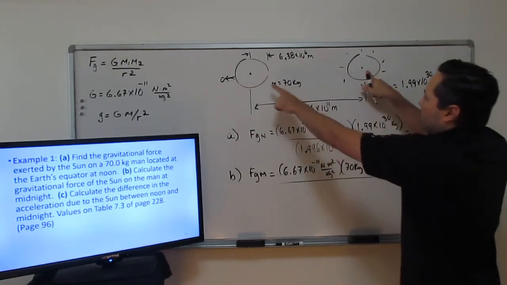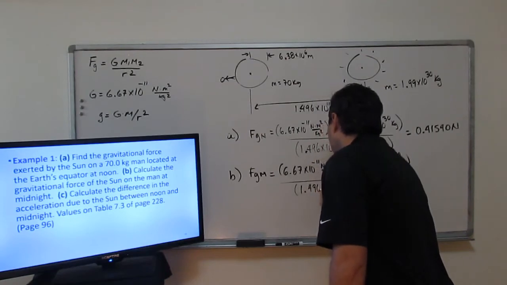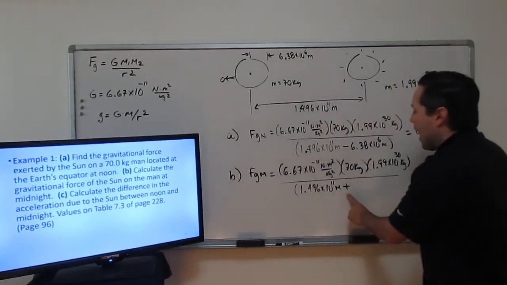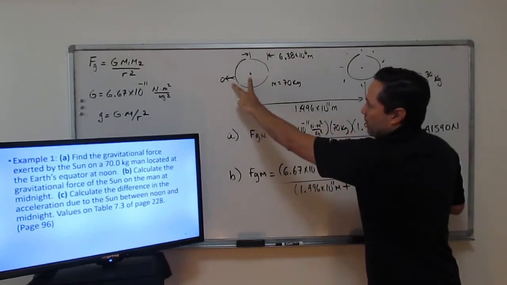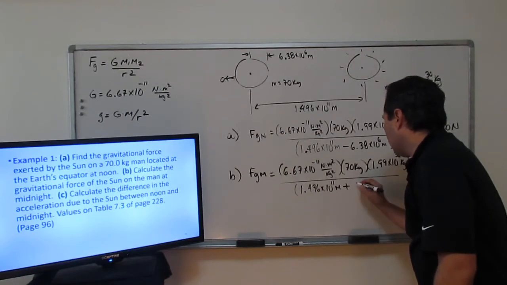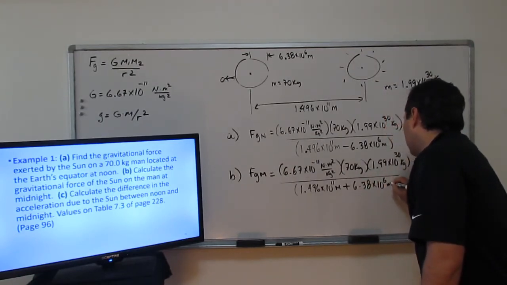The distance from the center of the planet to the center of the planet remains the same. But we're going to add the radius of our planet because he is at midnight, so he's further away. So it's going to be plus 6.38 times 10 to the 6 meters.